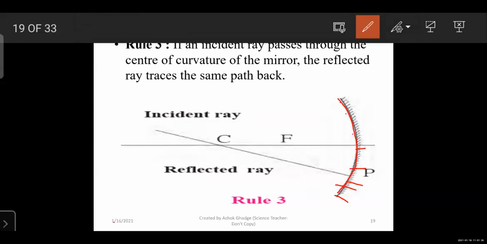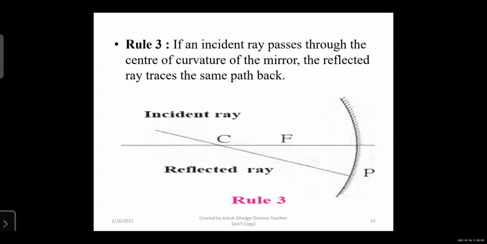The pole is here, the focus is shown here, and the center of curvature is here. The rule says that if the incident ray is passing through the center of curvature, then the reflected ray will go back along the same path. It will not change its path.